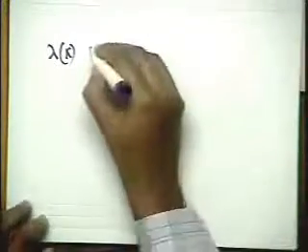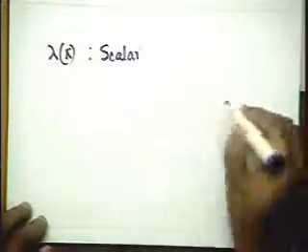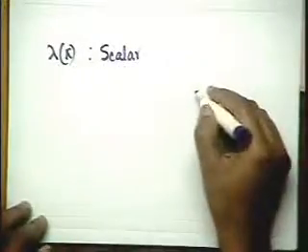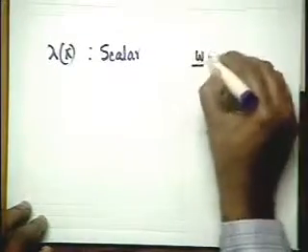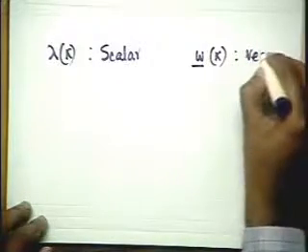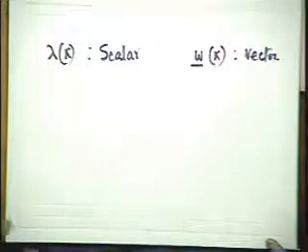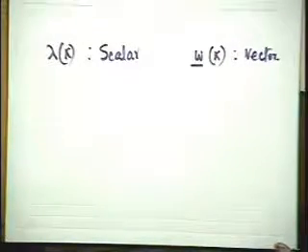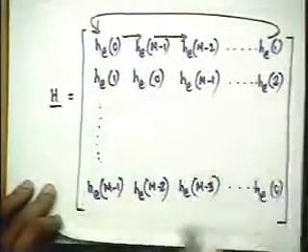This I am going to define as a scalar function which I will call lambda k, and I am going to define a vector which I will call wk. This is going to be a vector, and I am going to define these two terms in terms of the elements of this H matrix.